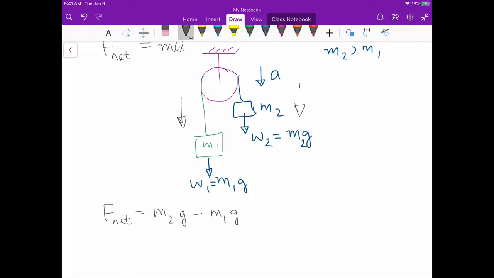Okay, something that we need to keep in mind is that this is a college physics course, and not a university physics course. We're not going to deal with any kind of inertia in the pulley. The pulley will be considered massless. If it's massless, then the mass of the pulley is considered as nothing, or zero.